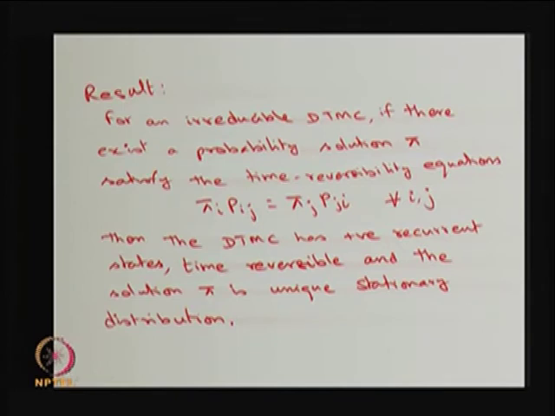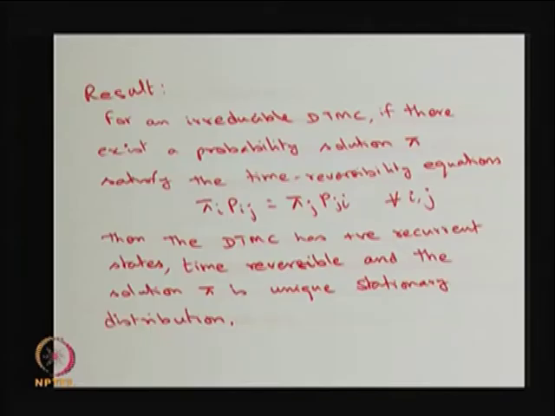That means whenever you have an irreducible DTMC and there exists a probability solution vector pi satisfying the time reversibility equations, then we can conclude that the DTMC has positive recurrent states as well as that it is a time reversible Markov chain. Also the vector pi that satisfies the time reversibility equations is the unique stationary distribution.